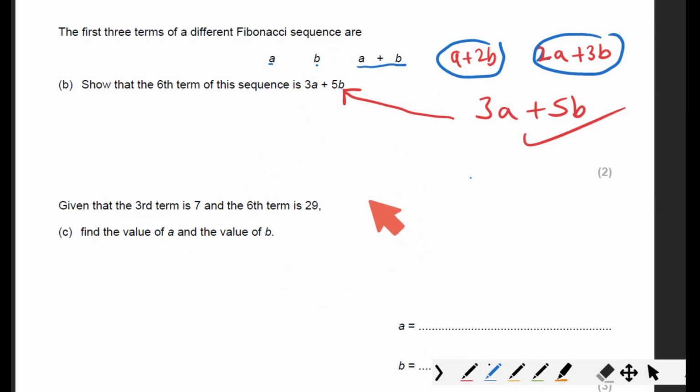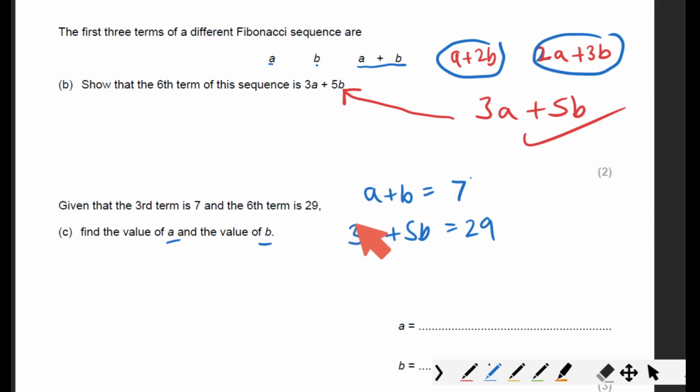The third term, a plus b, they're saying is 7. And the sixth one, which is over here, happens to be 29. It looks like they want us to find the value of a and b. It's a simultaneous equation problem.